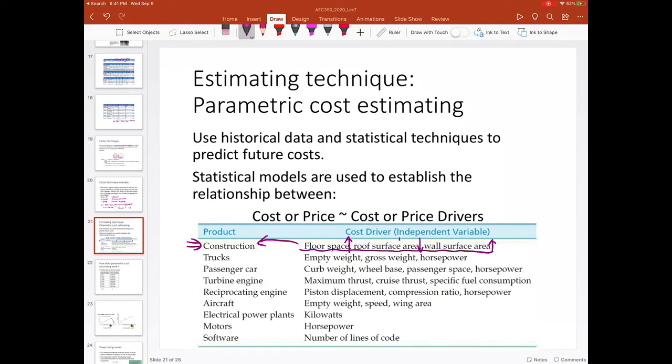So whenever we want to estimate the total cost for the construction project, we want to know the value for each of these cost drivers. And then we find a way to combine these values. Maybe we multiply them, we add them, we give them squares or square roots.